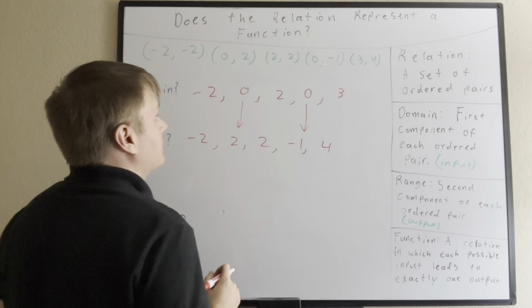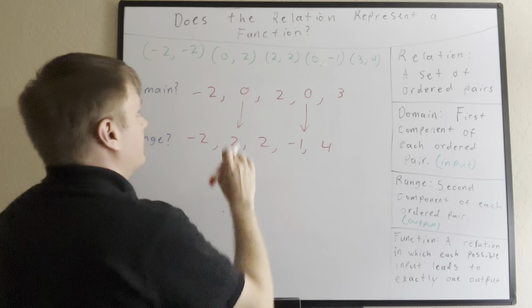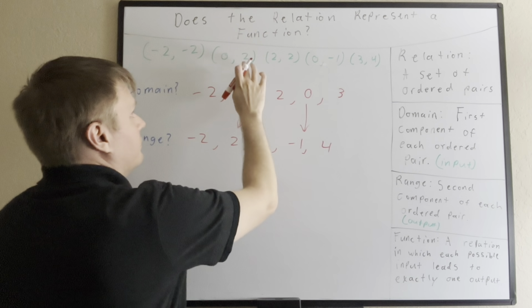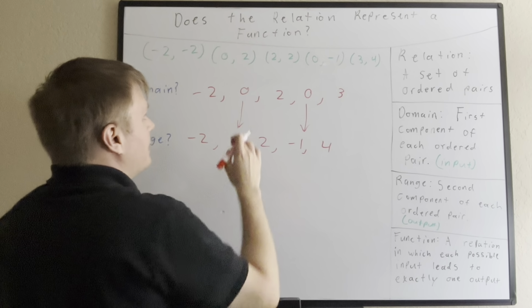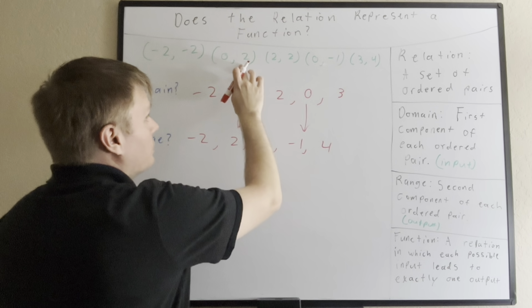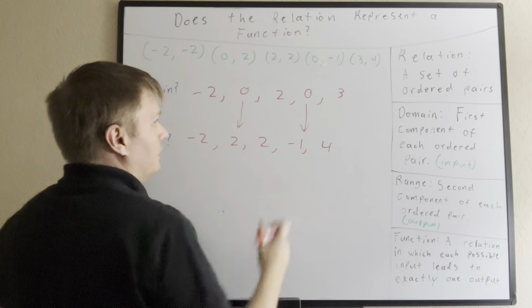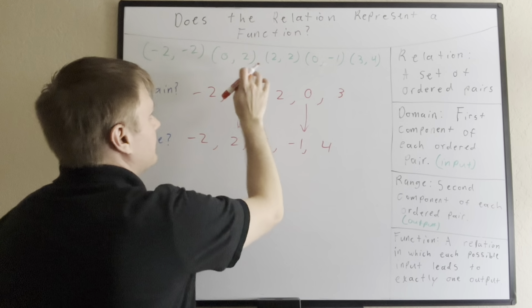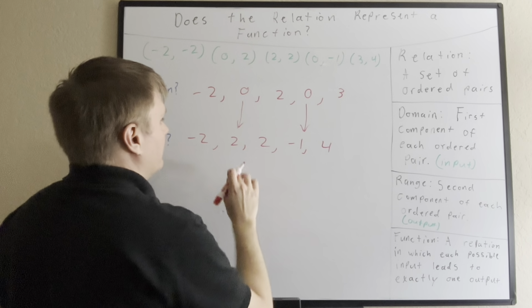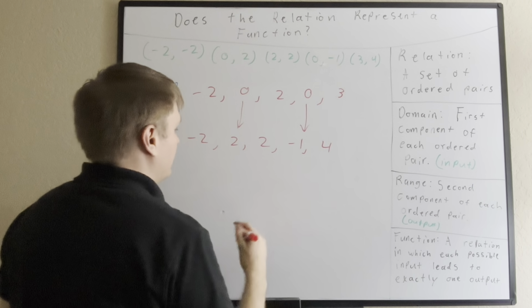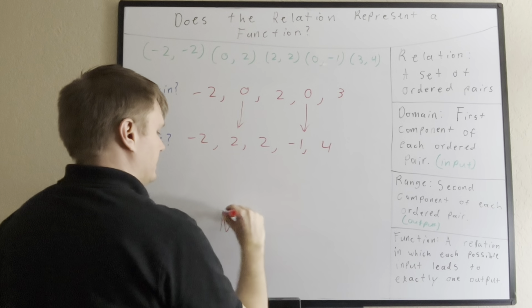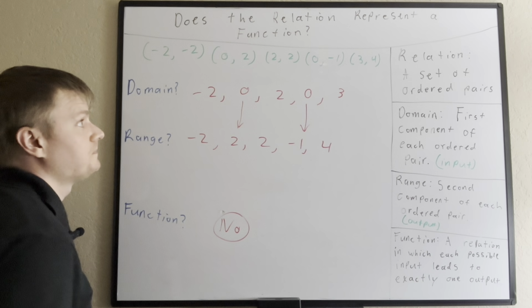If both of these had said -1 or +2, then it would be fine, but one of them gives us a +2 and one of them gives us a -1, so no, this is not a function.